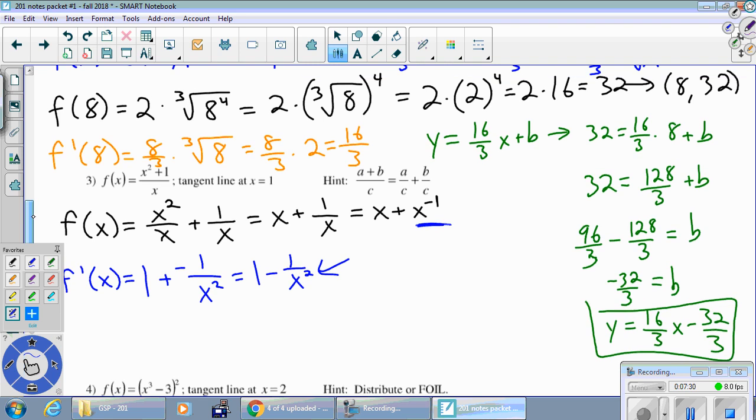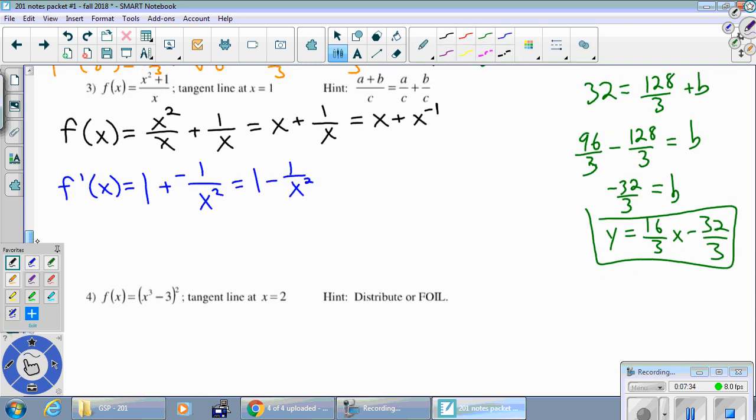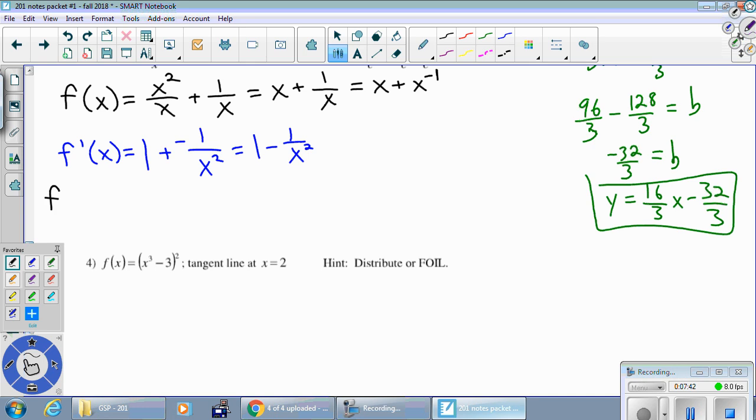Okay, next up we are plugging the particular x value into both the original function and the derivative. So this is x equals 1 that we're interested in. So I want to find f of 1 first. I'm going to use this version right here. So it's 1 plus 1/1, 2.